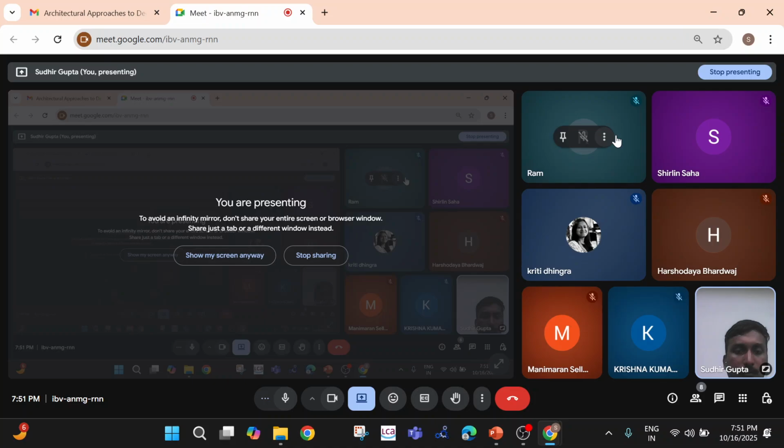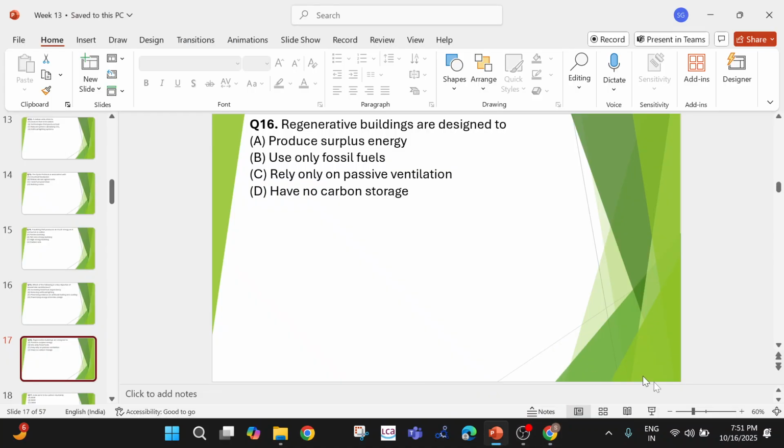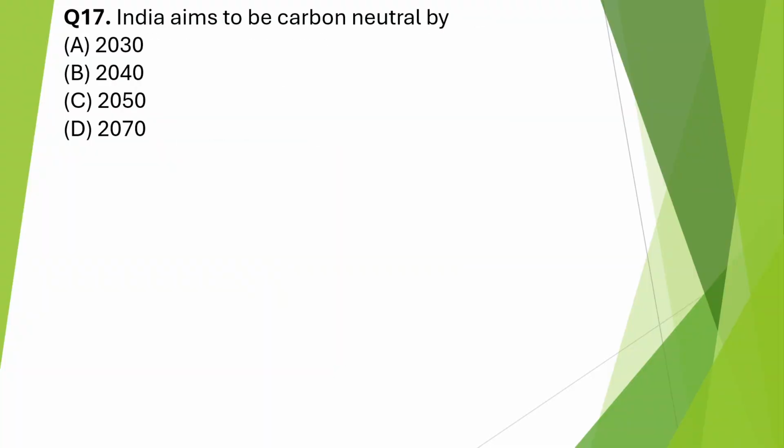Let me project the slide. Here is question number 17. It is asking you, India aims to be carbon neutral by. Others also take your time and give your answers for question number 17.